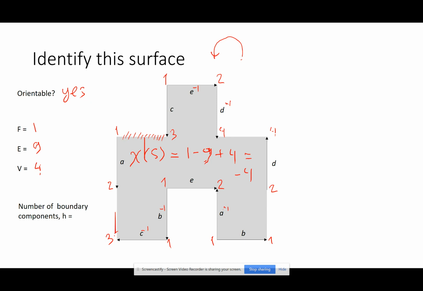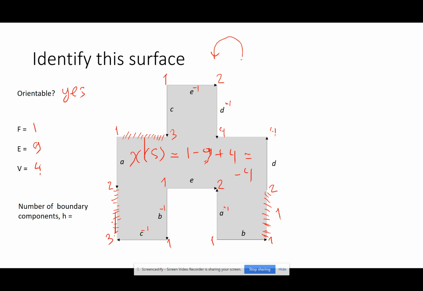So if you are moving from 1 to 3, then next you are going to continue here from 3 to 2. So where is another copy of vertex 2? It is here, and we are still going. From 2, we went back to 1. And that's it. So this is our first boundary component.